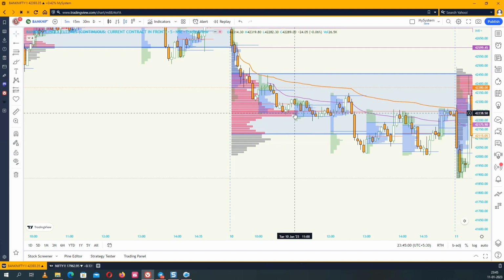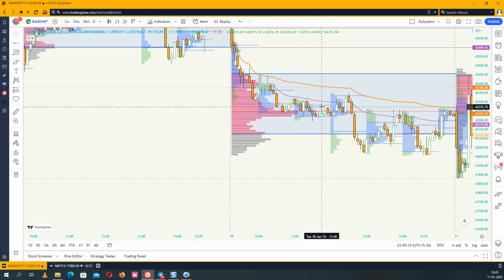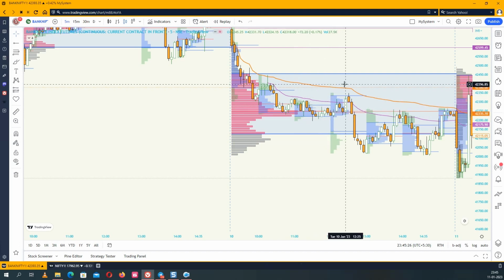And in this process the market formed another overlap to the down 1 hour profile, correct? So somehow the market is contracting, and again we may have some imbalance move either to the upside or to the downside.